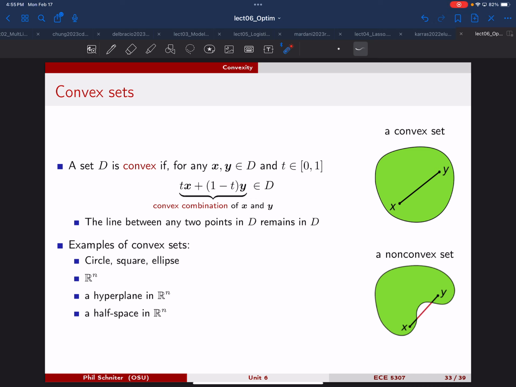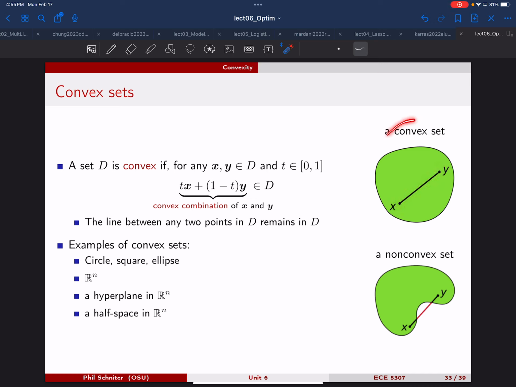So, okay, what is this convexity stuff? To understand convexity, we first have to talk about convex sets, and then we can also talk about convex functions. Basically, a convex set is a set where if you take any 2 points in the set, we'll call them x and y, and you take a number t between 0 and 1, and use it to linearly interpolate between those 2 points, then if the set is convex, you're guaranteed that no matter which 2 points you start out with, all the points in between them will also be in the set.